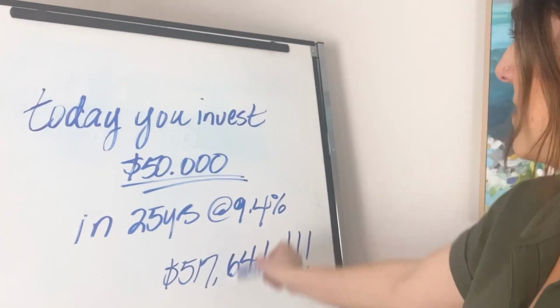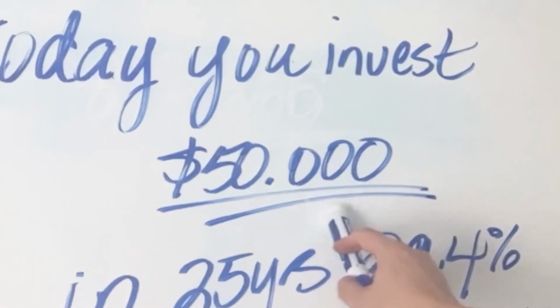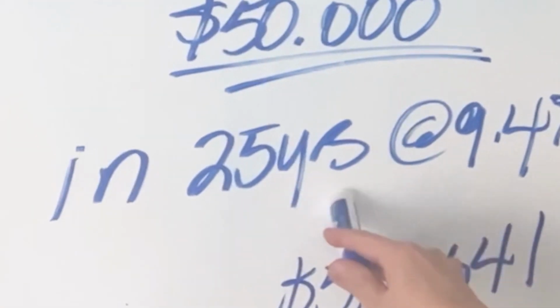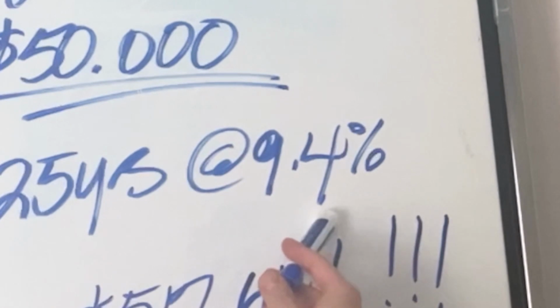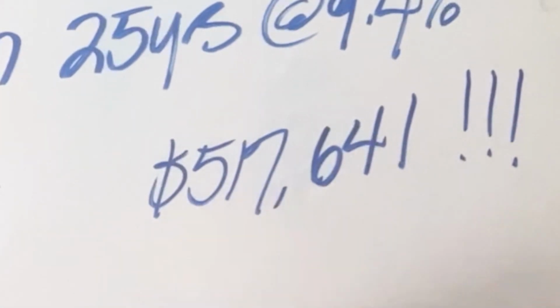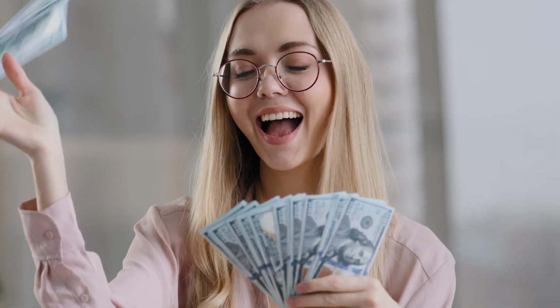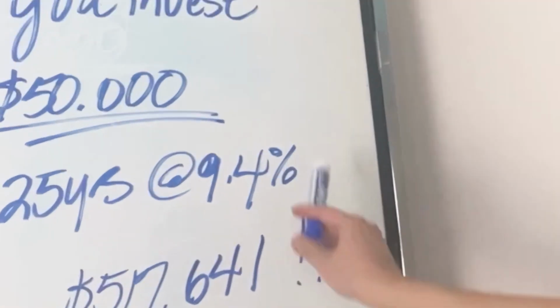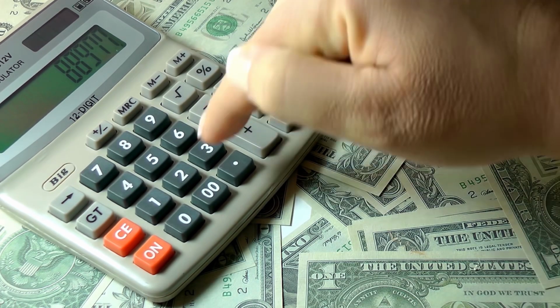So let's say today you want to invest $50,000, and in 25 years from now, at 9.4%, you will have earned $517,641. And the reason why I want to show you this is because this is based on a return of 9.4%. I also want to show you other calculations after at a higher interest rate, and you're going to see the big difference in your actual returns in the end.